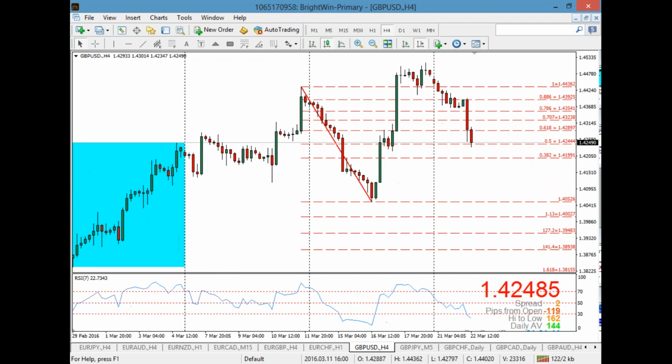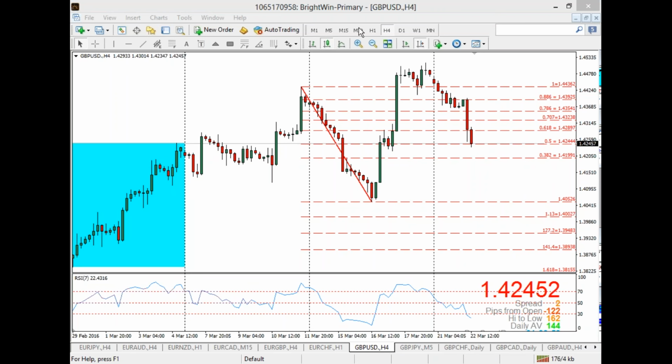So he said that we need to sell it somewhere here, if you can see my screen, and it really fell at this level. So yes, it is, but it's not built into the software.